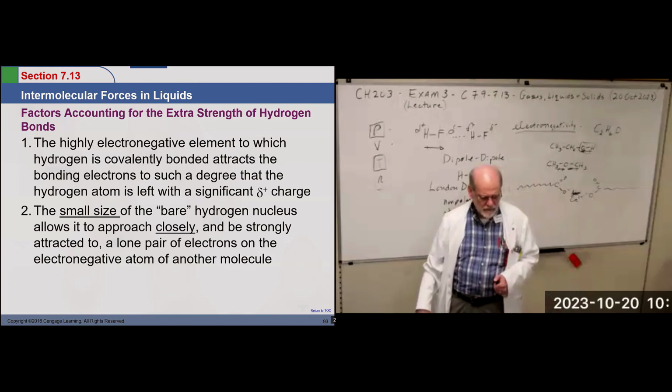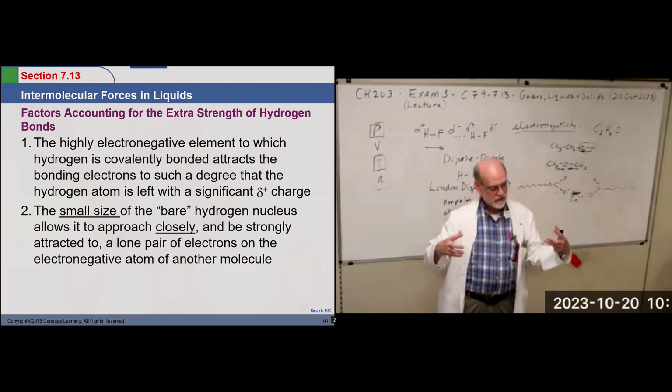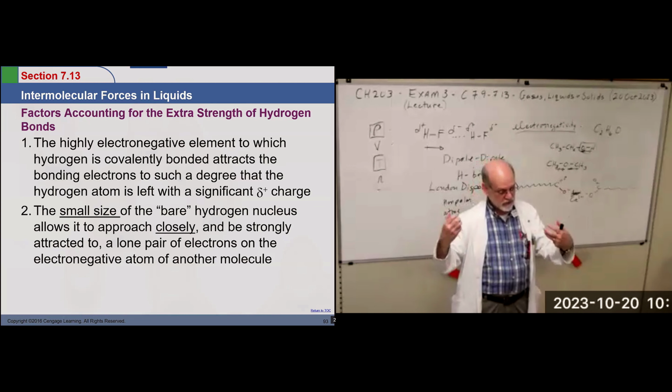The extra strength of the hydrogen bond is due to this electronegativity first. That produces a greater difference between the slight positive and slight negative charges. And it's due primarily to the fact that the hydrogen atom is extremely small. So the approach of one or the other molecules can get closer.